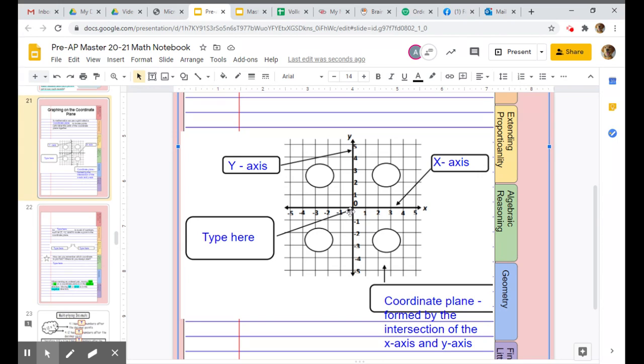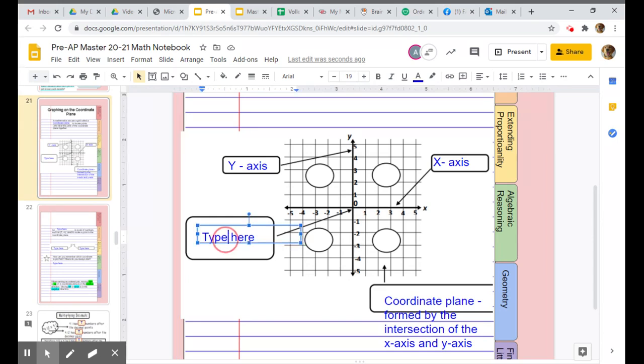The other important thing we have right here in the middle is something that is called the origin. So right in the middle is a special place called the origin.